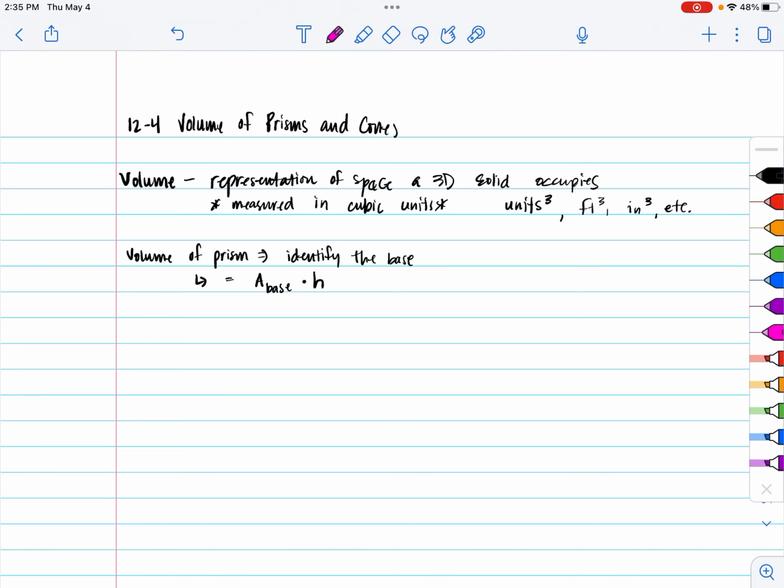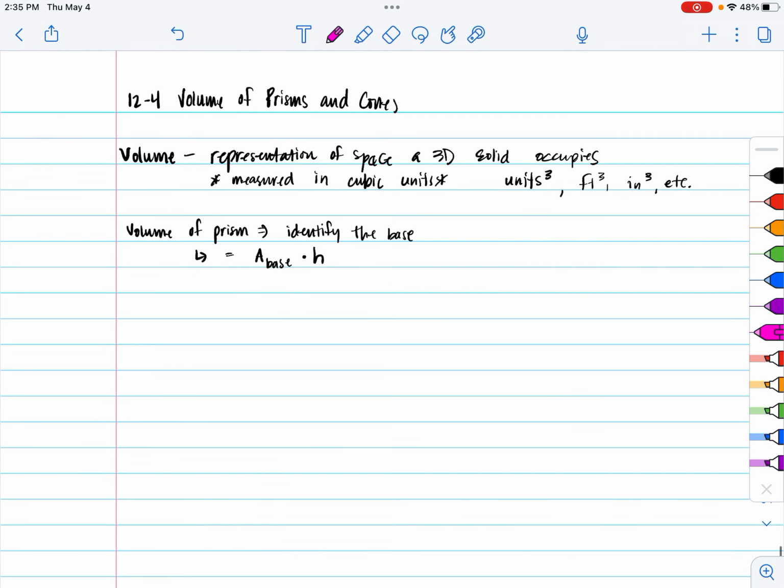I'm going to draw this in pink so you don't have to copy this down, but just conceptually, as we know, volume is equal to length times width times height. Let me redraw this. Let's draw the top first as I've done in the past. Draw these down. And volume would be length times width times height.